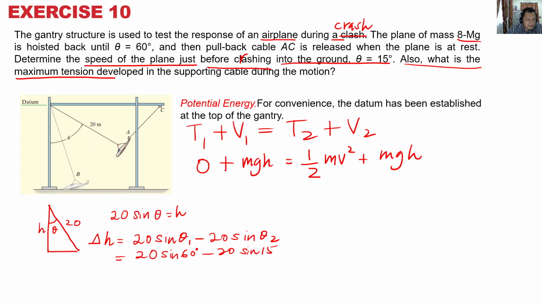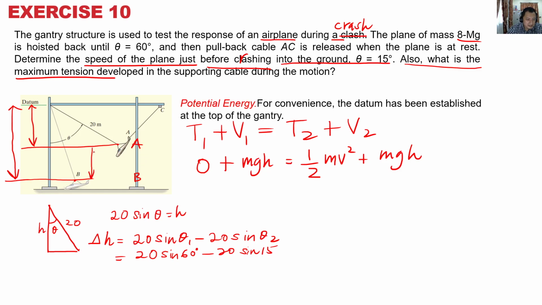So this is the height. Let's take here as our reference. This is this height. This is this height. So the plane dropped from location A to location B. What is this height?